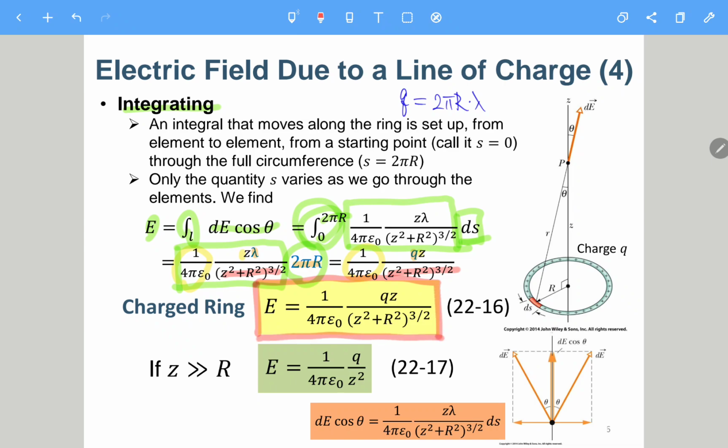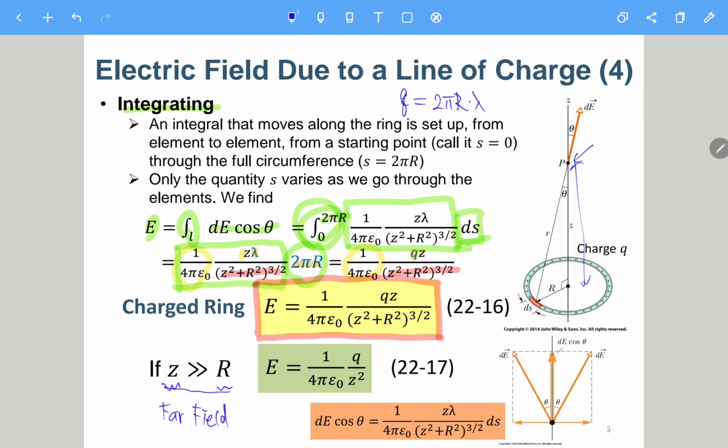It looks a bit complicated, but similarly, we also apply the far field condition, which means that z is much larger than capital R. We consider the point P at a distance much larger than the radius of the ring. Then it will follow a much more elegant expression.